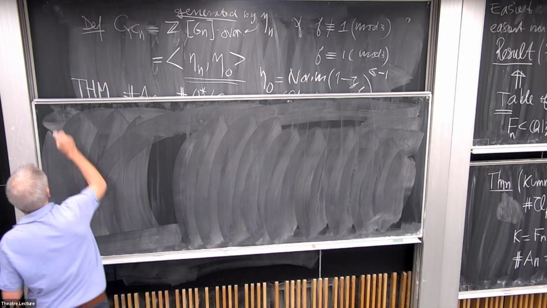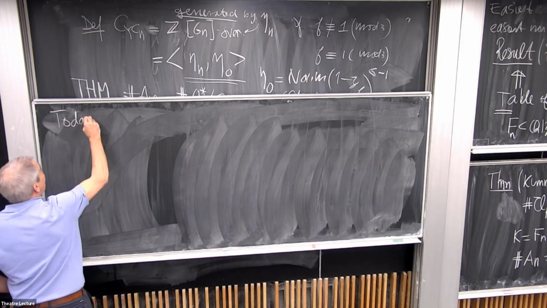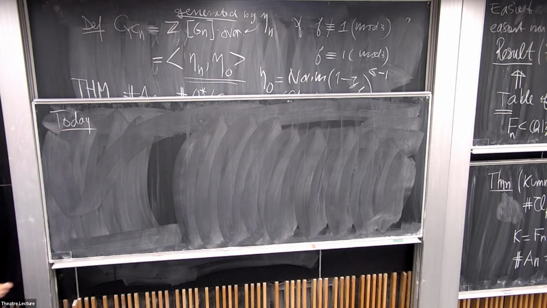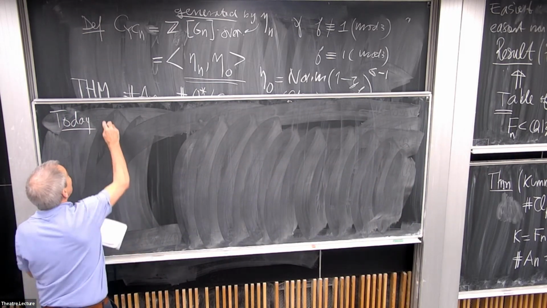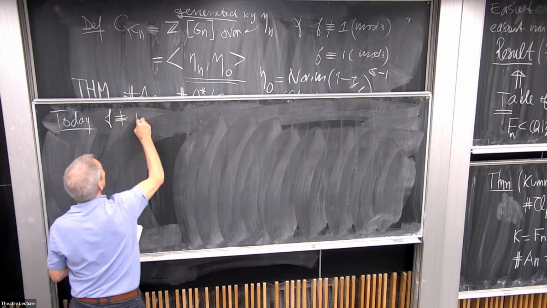We also have all the theory in the other case. There are little variations. It doesn't change much, but I won't do it today. So today we take F not congruent to 1 modulo 3.